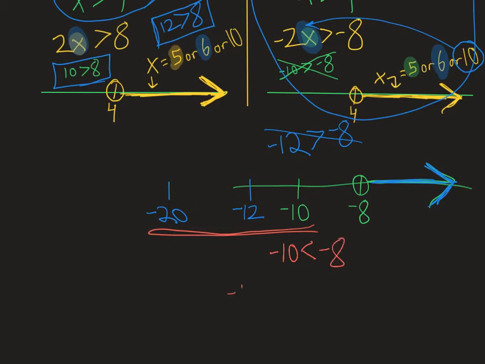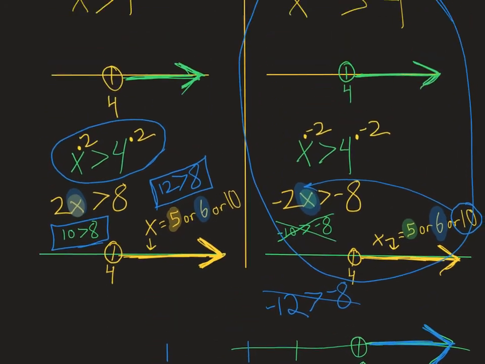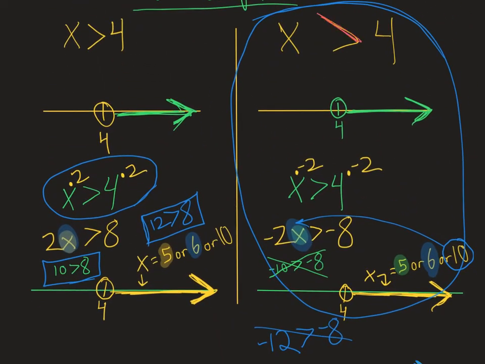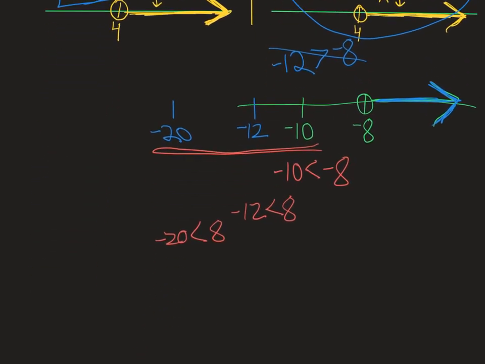And we have negative 12 is less than 8. And we have negative 20 is less than 8. It used to be the X was eaten by the alligator. It was eating the left side.